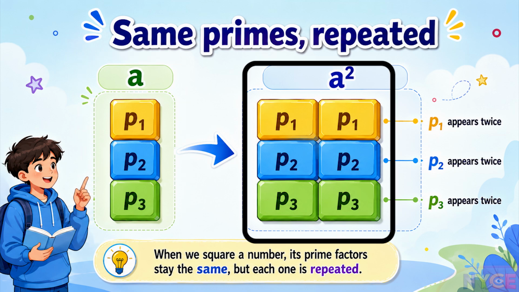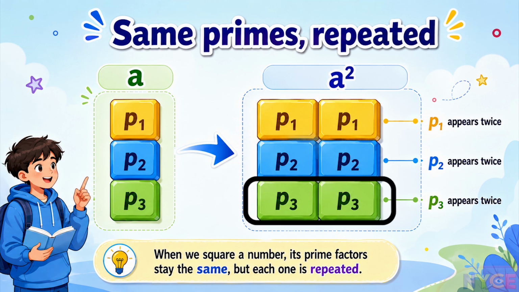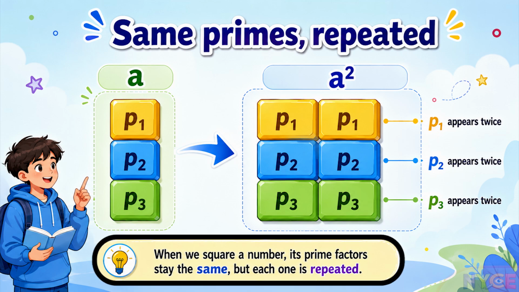Squaring means multiplying a by itself, so a squared equals a times a. That means every prime factor in a appears twice in a squared. If a had prime blocks 2, 3, and 5, then a squared has 2, 3, 5, and again 2, 3, 5. So the prime factors of a squared are not new primes. They are the same prime factors of a, just repeated.